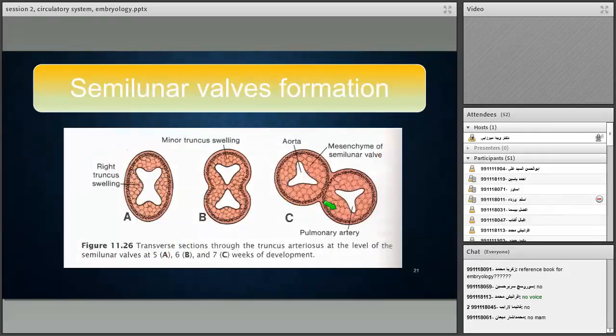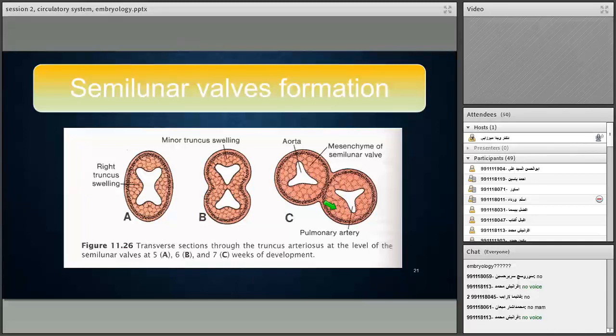Okay. Now about the semilunar valves formation. You know that semilunar valves are located at the beginning of the aorta and pulmonary trunk.